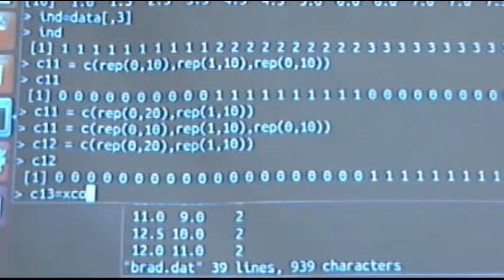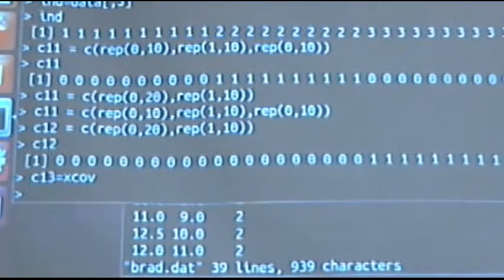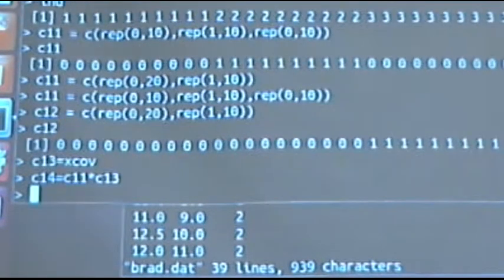Here's my covariate, right? So that's 13. And then I need 14. And then finally I need 15.